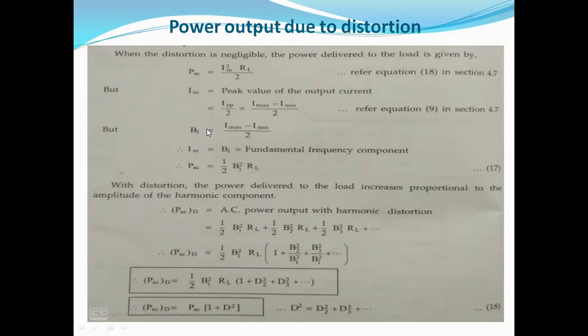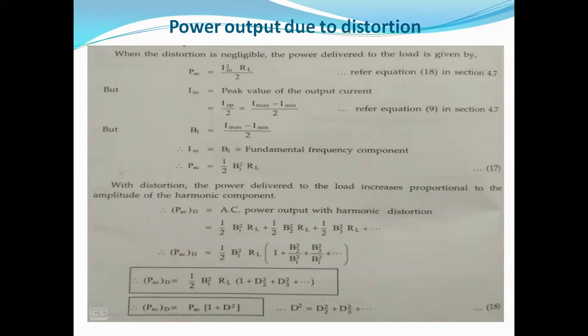In order to get the power due to distortion, we are modifying the current into the corresponding amplitudes, B1, B2, and so on. So here, if we substitute in place of Im as B1, then the equation becomes PAC is equal to half into B1 square into RL. That is the fundamental frequency formula.